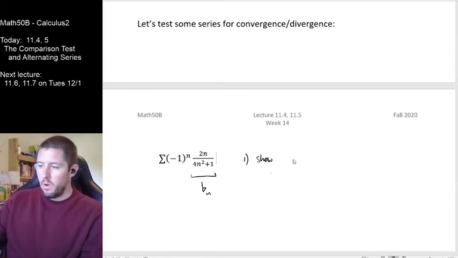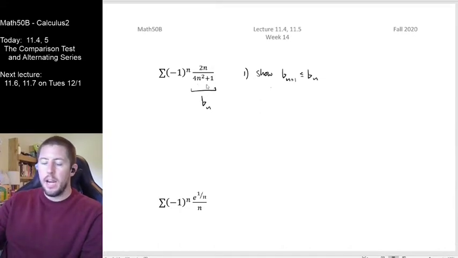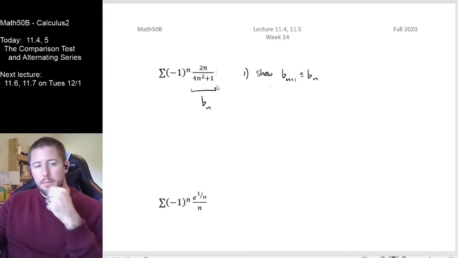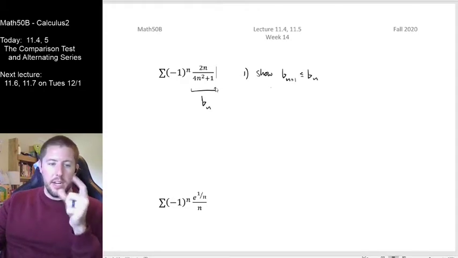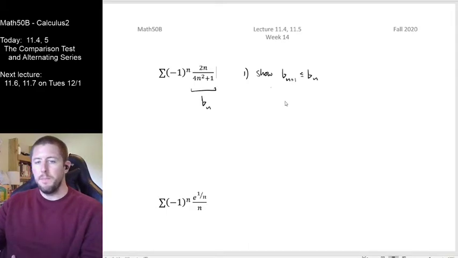We need to show that b sub n plus 1 is less than or equal to b sub n. The way that I think that I can show this is that since the denominator is a polynomial of higher degree than the numerator, I know that the rate of change of the denominator is greater than the rate of change of the numerator, and it's positive. So I know that every subsequent n that I plug in that's bigger than the one before will increase the disparity between the numerator and denominator, making our fraction smaller and smaller and smaller.